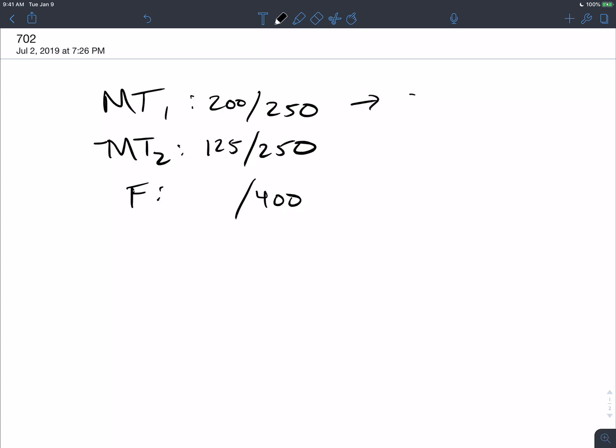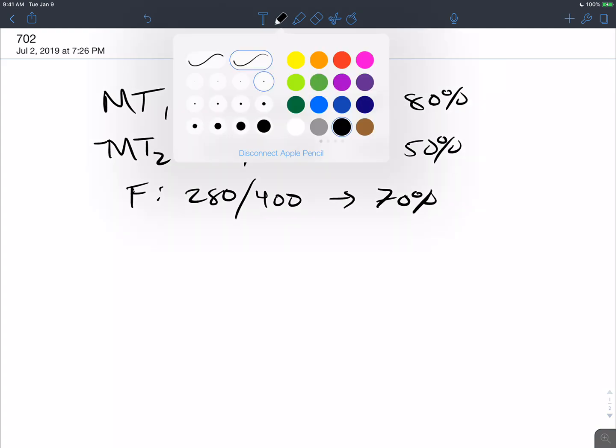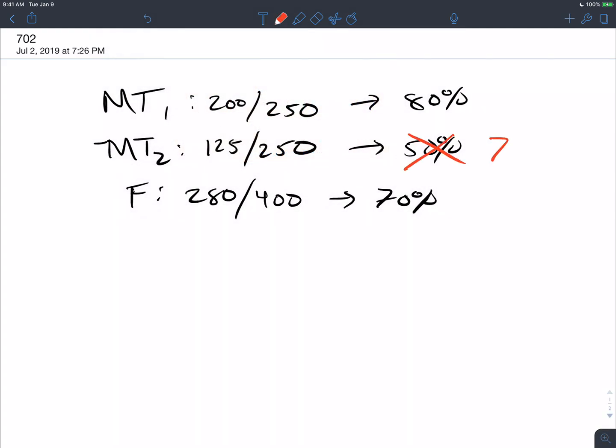So this is an 80% and this is a 50%, unless I did my math wrong. Let's just say I get a 70% on the final. That would be a 280, I think. So midterm 2 would be replaced with 70%, which corresponds to 175. Then I would add those three.